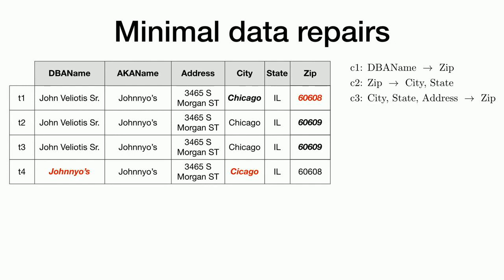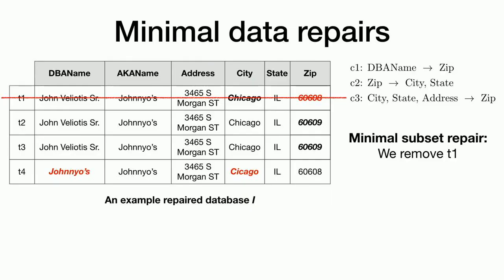If I have this data set, you see that I have a bunch of errors. I have knowledge about my constraints. I can actually convert this data set into what we would call a consistent data set by deleting the first tuple. Now, this is a repaired database. I don't have any violations of the FDs that I have.